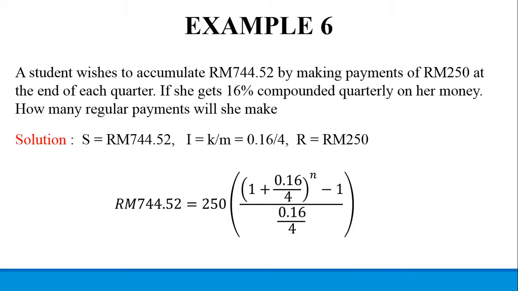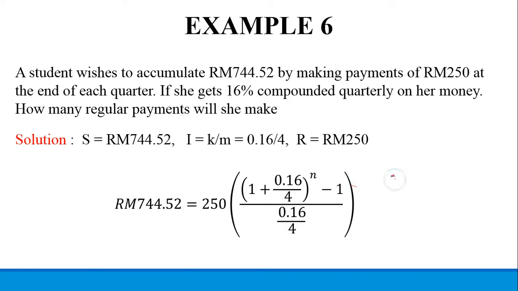So let's say for this case, the student wishes to accumulate 744.52 by making payments of 250 at the end of each quarter. If she gets 6% compounded quarterly on her money, how many regular payments will she make? First, I do a timeline.